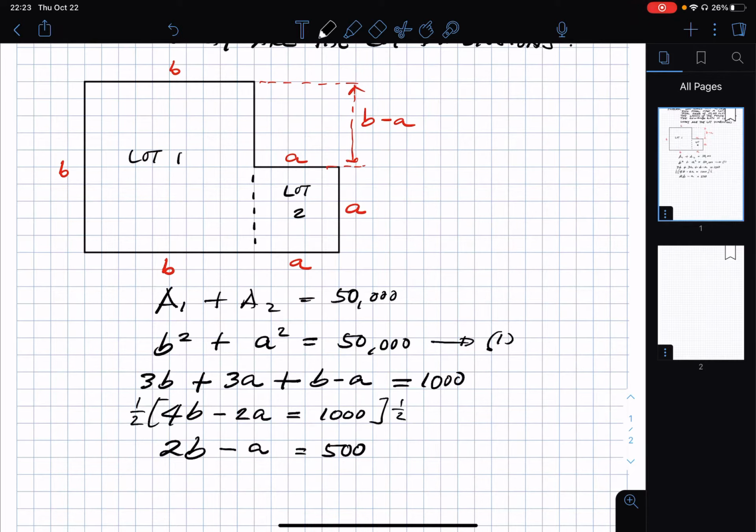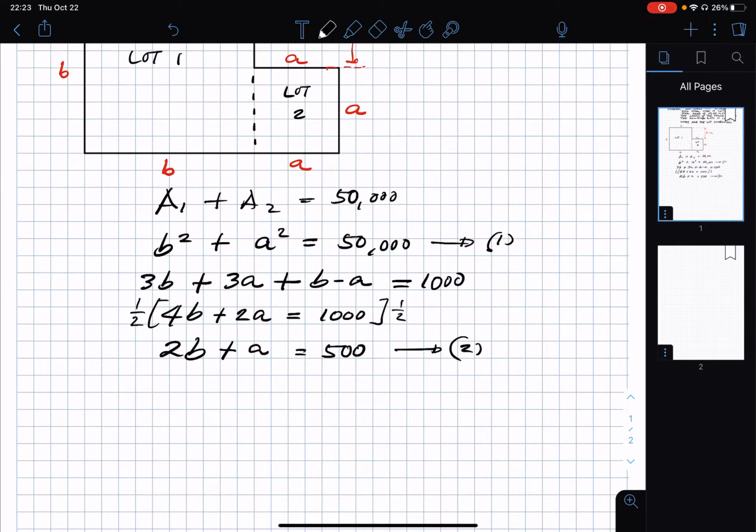Now you have to be very careful with your sign. By inspection, this should be positive 2A because 3A minus A is 2A. So this will be 2B plus A equals 500. As you can see in algebra, one mistake, everything will be wrong. And that will be your equation 2. It's good we found that.